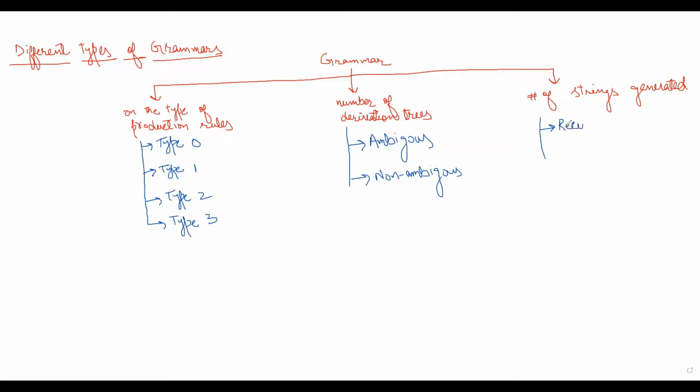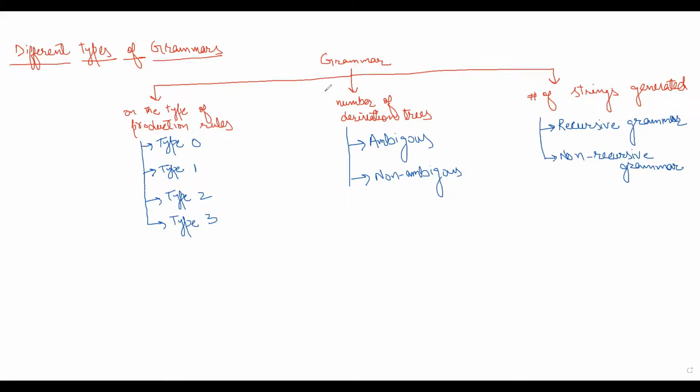One is called recursive grammar. Okay. So recursive grammars generate an infinite number of strings, and another is called non-recursive grammar. Non-recursive grammars generate a finite number of strings. Okay. So these are the different classifications of grammars.